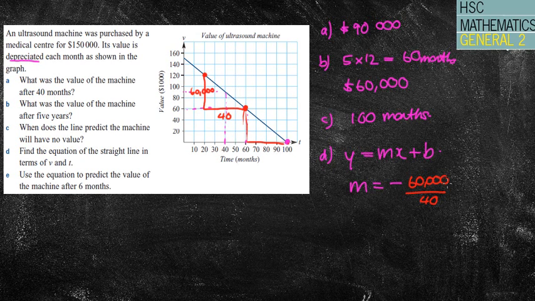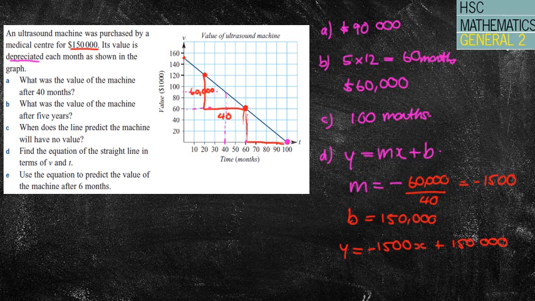And I'm going to put that in my calculator, 60,000 divided by 40, which gives me negative 1,500. My b, my y-intercept, is there, which is 150,000, but also that's what we started with at 0 months, which is our initial amount. And so y equals negative 1,500x plus 150,000.